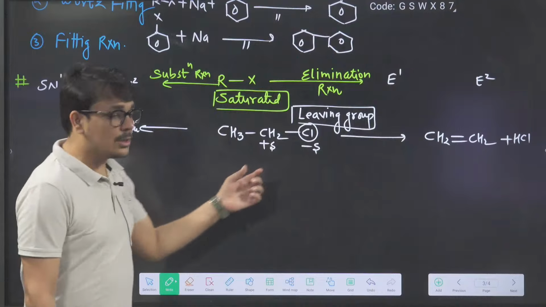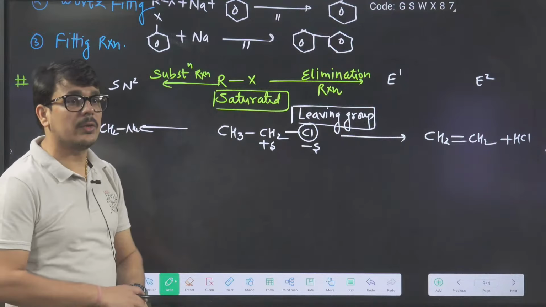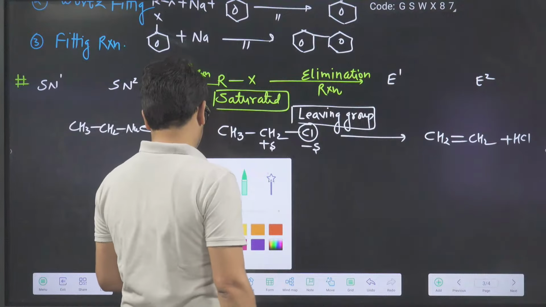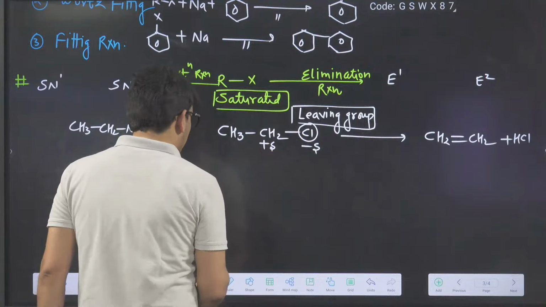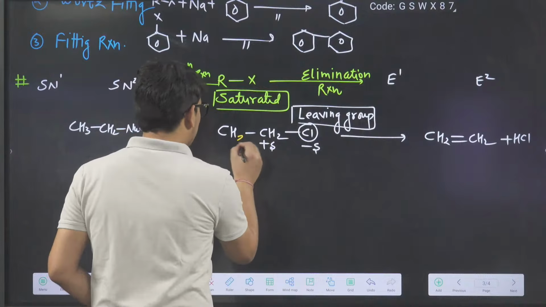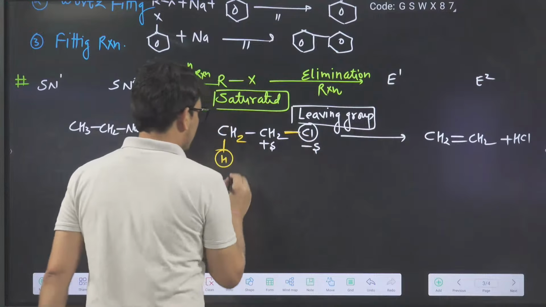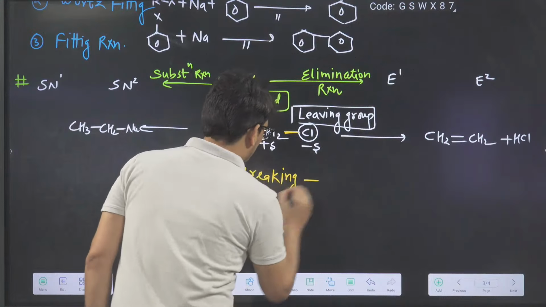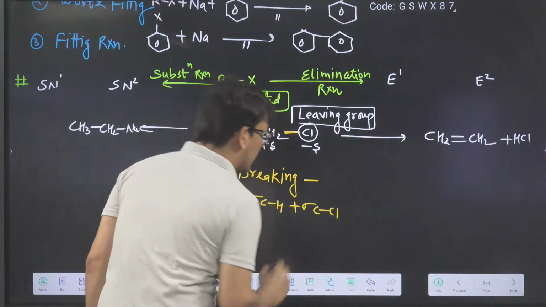So if this goes through substitution or through elimination, what is the difference between them? Look here, beta. In the second case, we break one sigma bond and then another, so in total we break two sigma bonds: one sigma C-H and one sigma C-Cl.